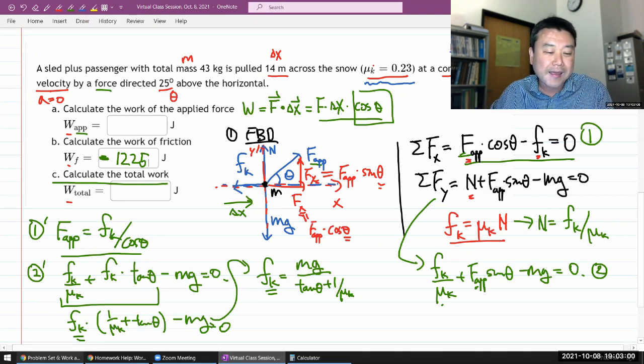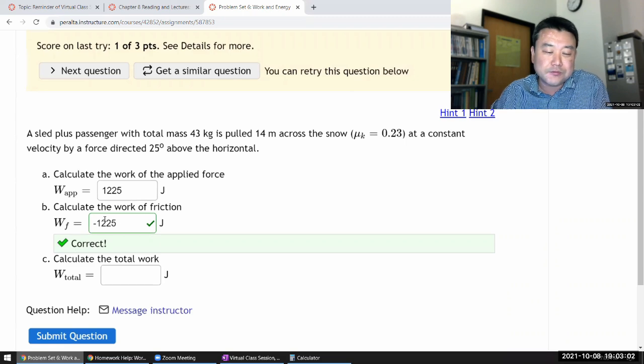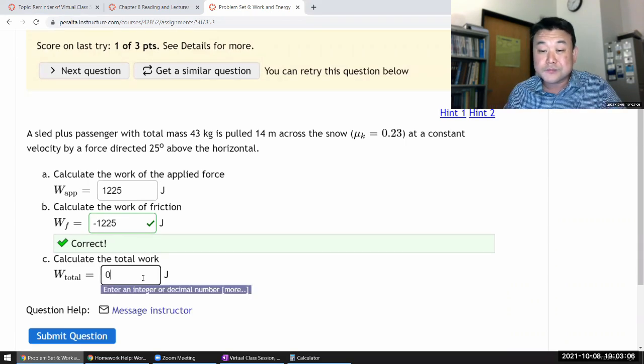And the way I got it is I already, before doing all the calculations, I knew the answer for total work was 0 joules. That's the work kinetic energy theorem. If it's moving at a constant velocity, then change of kinetic energy is zero. That means the net work done must be zero. So this is an answer that you can get from reading the question and remembering the work kinetic energy theorem from the start.